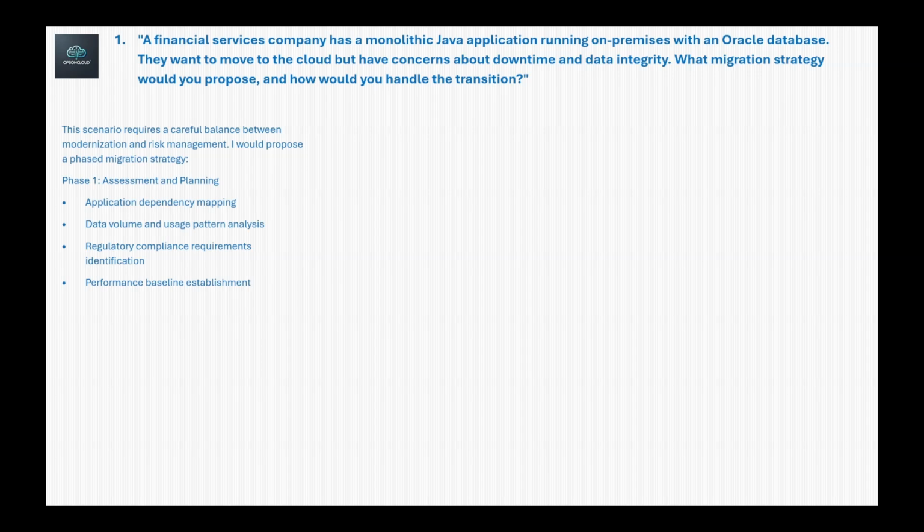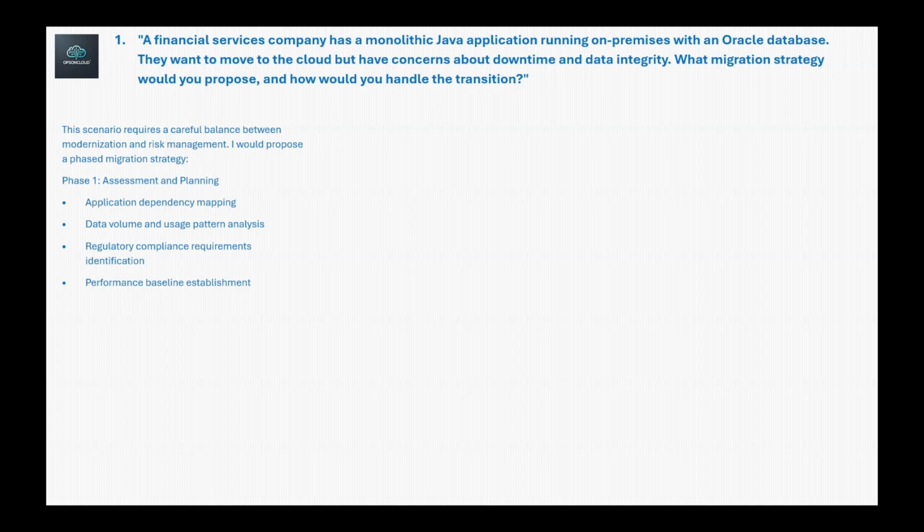So you can say I would propose a phased migration strategy, which is fair. When I say phased, what would be the first phase? It is always discovery and assessment. So I would do an application dependency mapping during my assessment, and also I would understand the data value and how the pattern has been established with the data based on the usage.